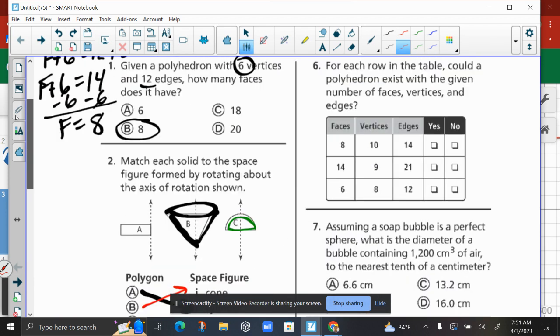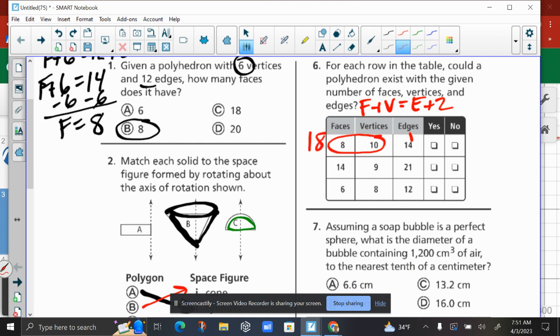Let's jump up to number 6. For each row in the table, could a polygon exist with a given number of faces, vertices, and edges? So again, F plus V equals E plus 2. 8 plus 10 is 18.